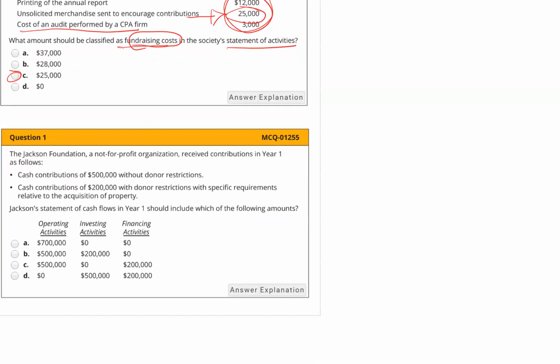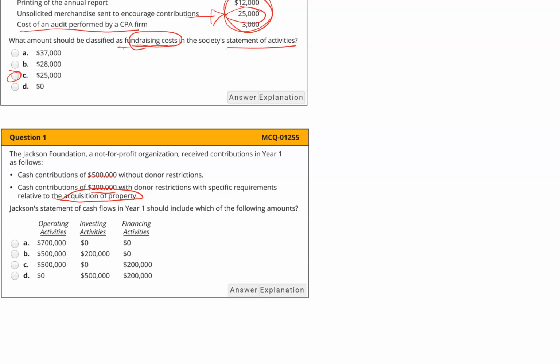The Jackson Foundation, a not-for-profit organization, received contributions in year 1 as follows. Cash contributions of 500,000 without donor restrictions, and cash contributions of 200,000 with donor restrictions, with specific requirements relative to the acquisition of property. So they have two cash receipts, 500,000 and 200,000.